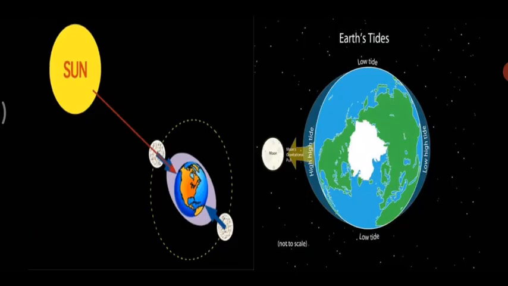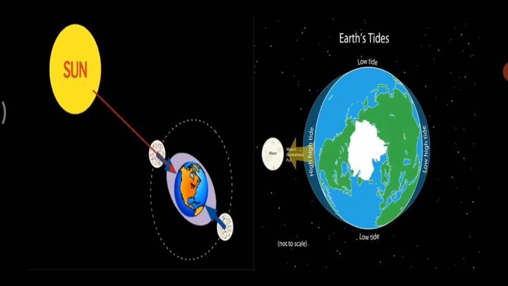Let's move forward. Now let's look at these pictures. The moon is closer to the earth, as you can see in the first picture. Then the sun. The sun is a little far. Hence, the moon's gravitational force becomes more effective than that of the sun.